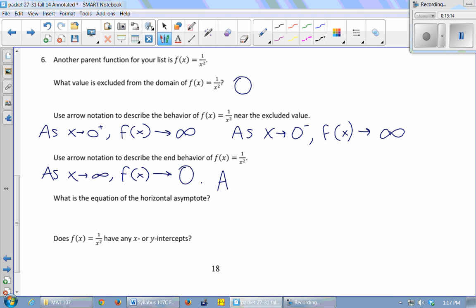And as x approaches negative infinity, what does f of x do? It also approaches 0. Because again, if you plug in negatives, you're squaring them, you're just going to get positives, and it's going to do exactly the same thing as from the right, as x was going to positive infinity. Okay, so where's my horizontal asymptote? Yeah, y equals 0. You can tell from the end behavior, right? That's your asymptote.